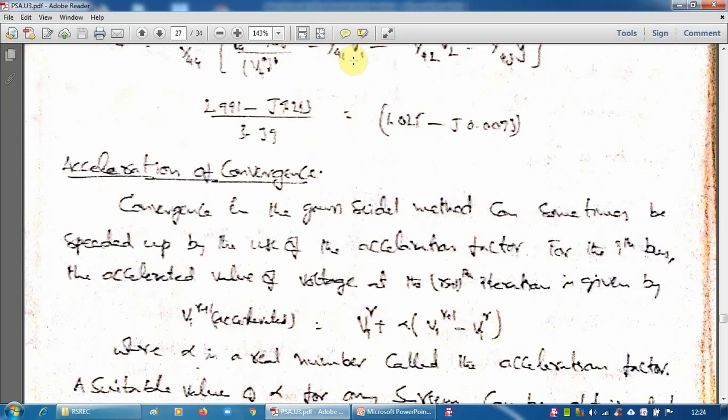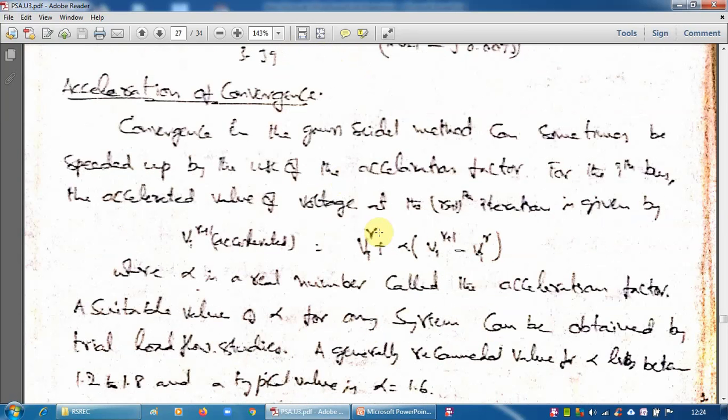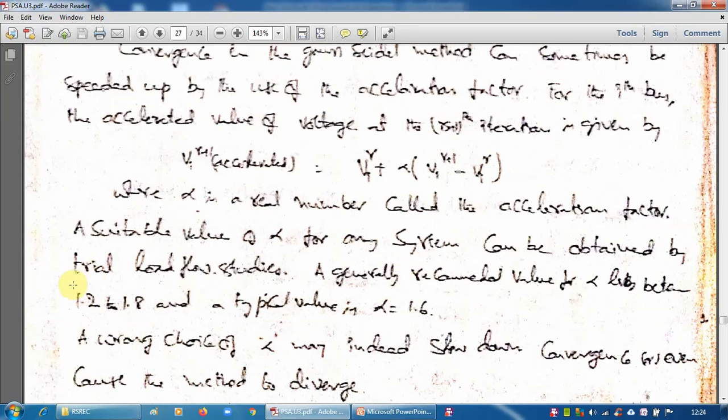If you do so, the process will get accelerated. Here, this alpha is called the acceleration factor. Its value will generally be 1.2 to 1.8, and for the majority of cases it can be taken equal to 1.6.